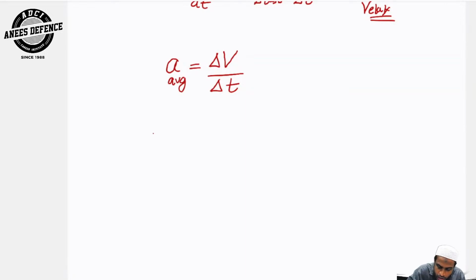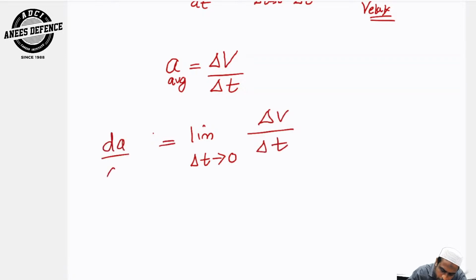If delta t is very, very small, I will consider a limiting case. So I can put limit delta t tending to 0, delta v by delta t is actually dv by dt. dv by dt is known as instantaneous acceleration.